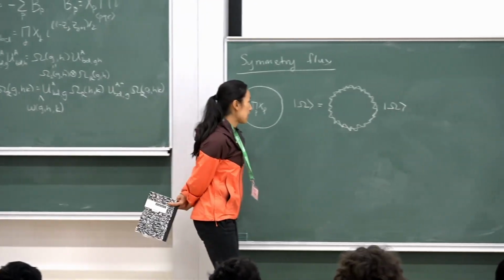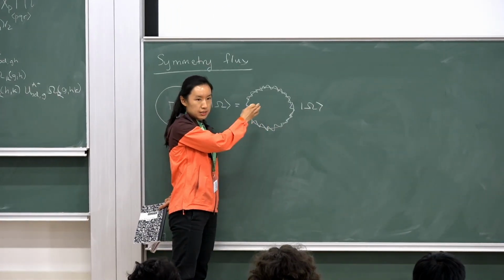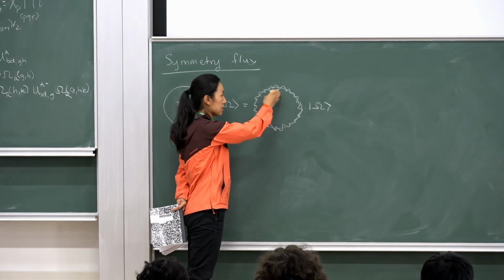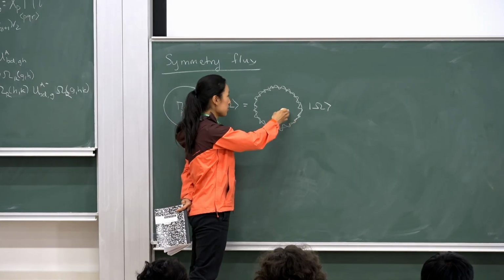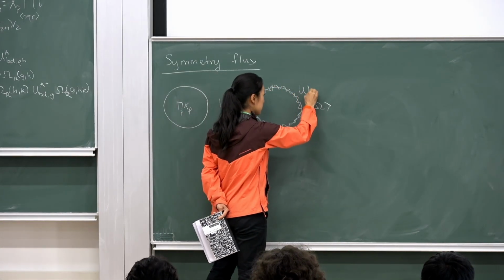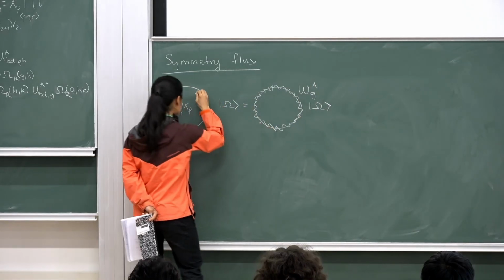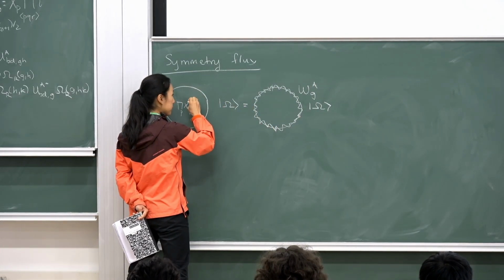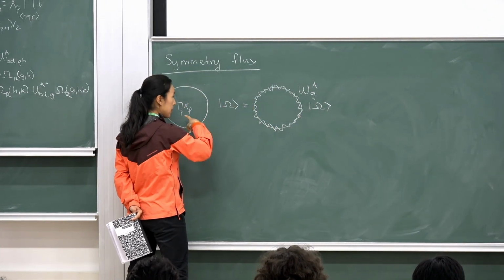And it turns out that you can view this as a closed flux insertion operator. The point is that this is a local unitary operator, so you can truncate this guy. So let's call this W_G^A, and this is going to be U_G on the patch.